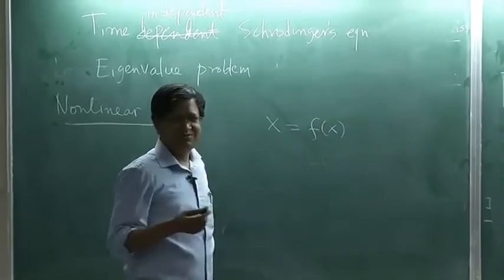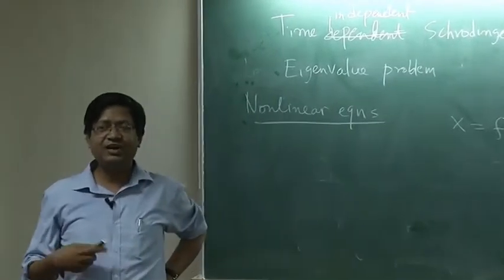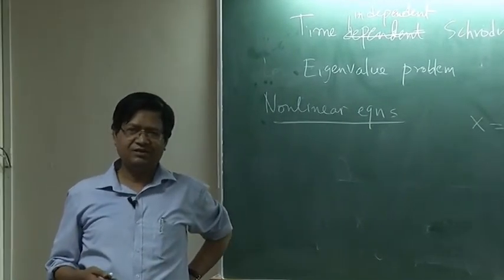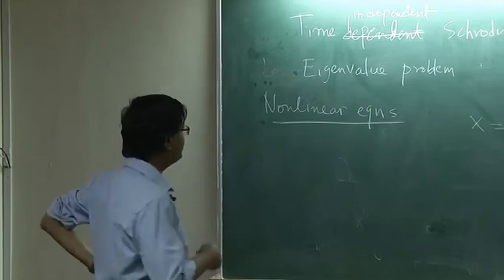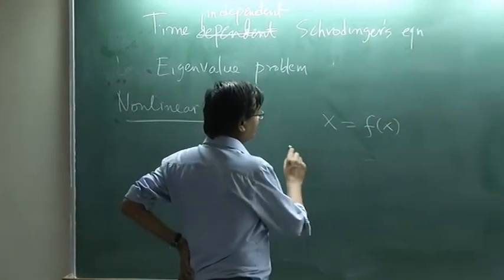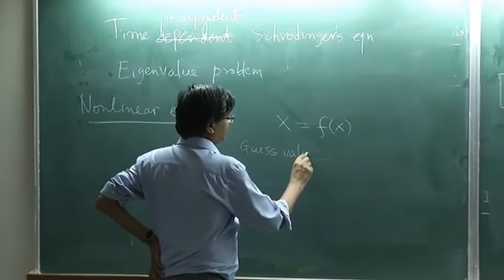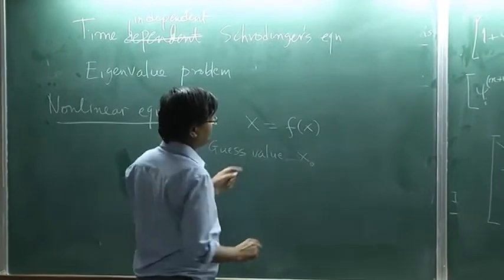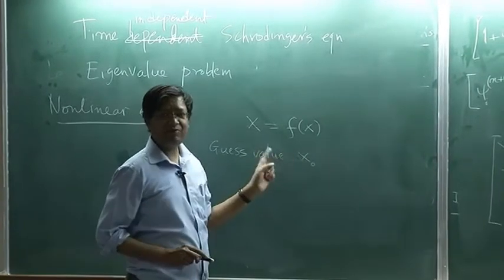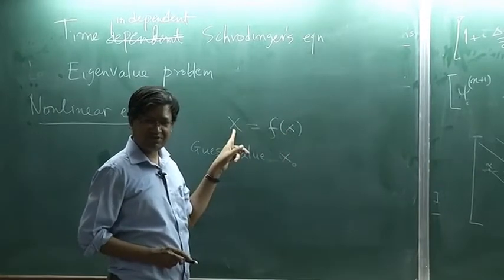So one problem was there in the exam. Okay. So, an iterative method. How to solve it iteratively? We start with some guess value x0, and next, what is x1? Put x0, f of x0 should give you x1.